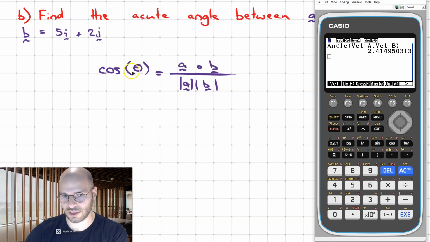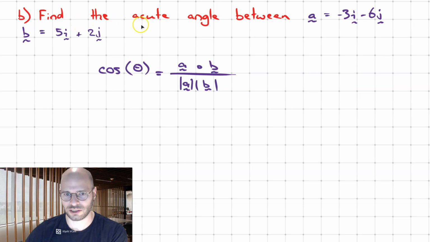So our cosine of theta is 2.41. Now this is in radians, so we need to do the conversion. So I go shift, answer, times it by 180, divide it by pi. And here's our angle here. So our theta is 138.366. So this has returned the obtuse angle.